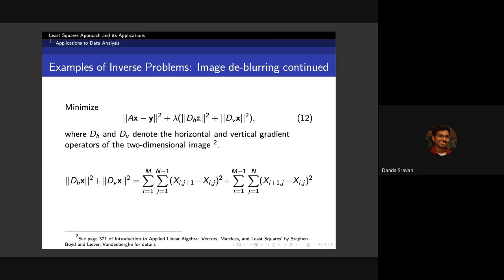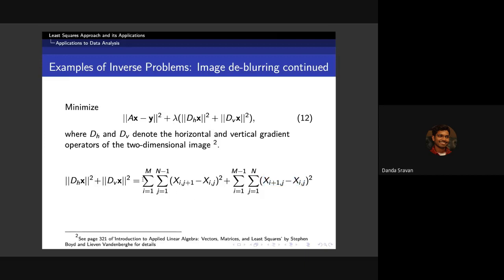So this DH X essentially takes care of the fact that if pixels on the same row, horizontally, are next to each other, the values should be similar. And this DV is the vertical gradient in the sense that it takes care of the vertical neighbors. Okay, I did it the other way, sorry. So this is the vertical one and this is the horizontal difference.